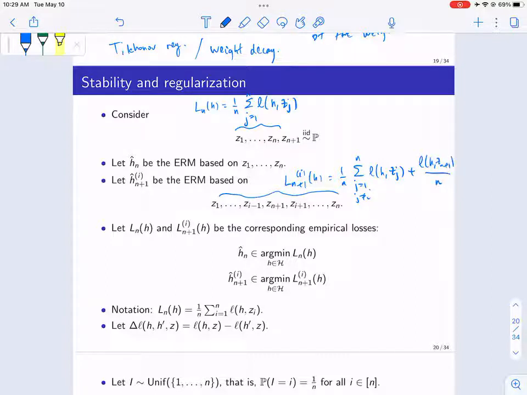It's just over that new data point instead of the ith data point. So I minimize each one, and hopefully the notation is clear.